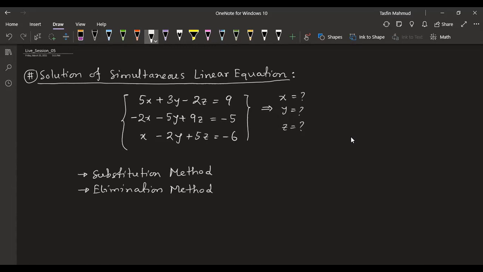We also know about Cramer's rule, right? I guess in Triple 203 we learned about Cramer's rule as well.